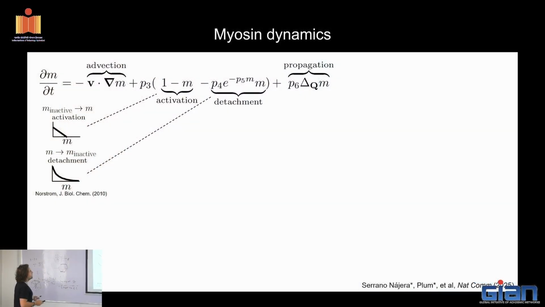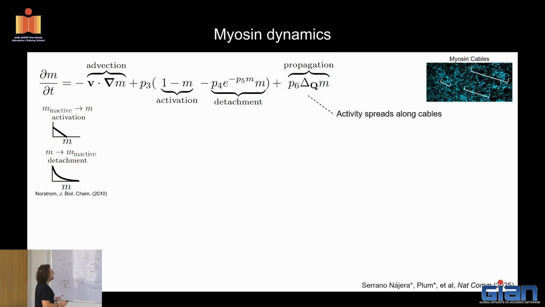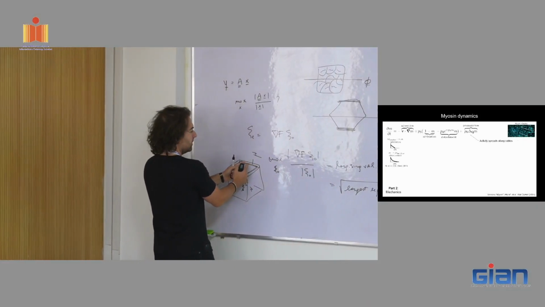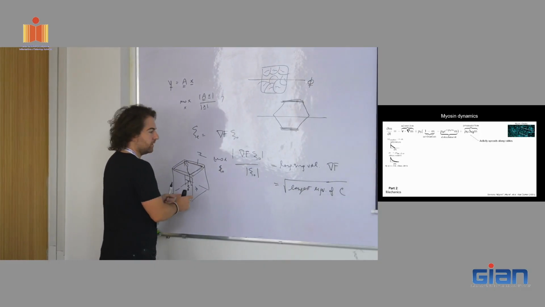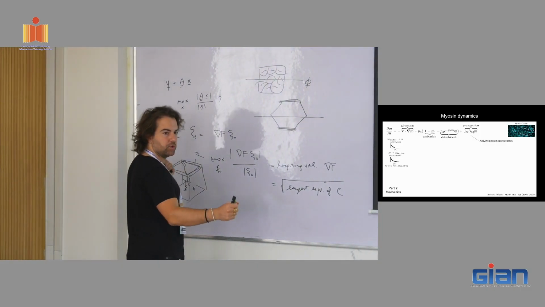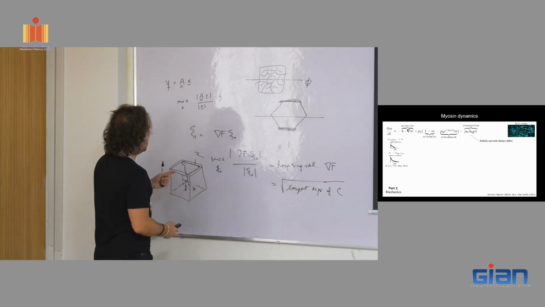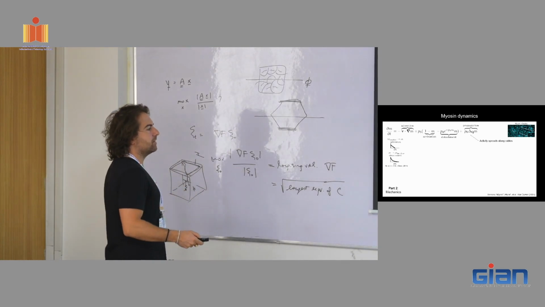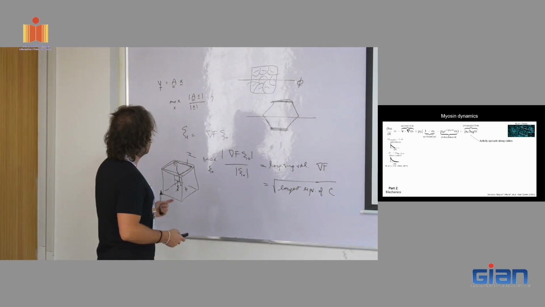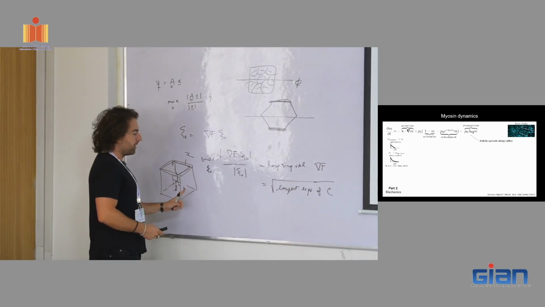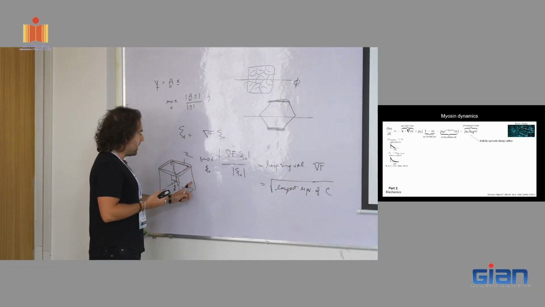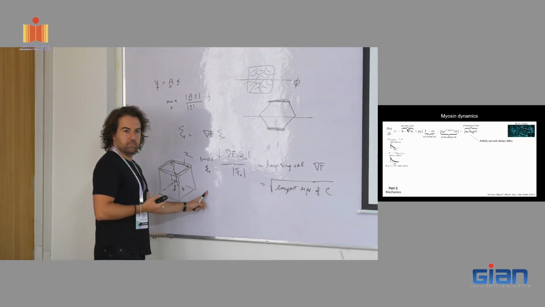And the last bit is that, if you start contracting cables, the cables in the cells near you will be under tension. If I contract, I will put my friends under tension. Again, this is another derivation that you can see in the paper, but this generates an accumulation of myosin in the other cells.